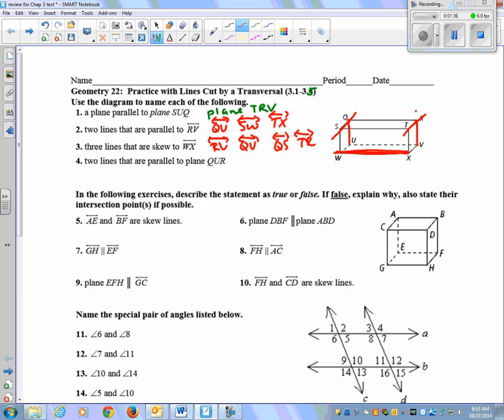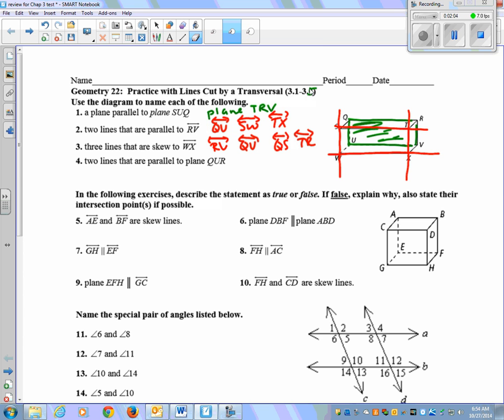Two lines that are parallel to plane QUR. So now instead of a parallel plane, we're looking for parallel lines. Parallel to the plane QUR. QUR is this back plane here. So parallel to that back would be either ST, WX, any lines that are in the parallel plane will be parallel.